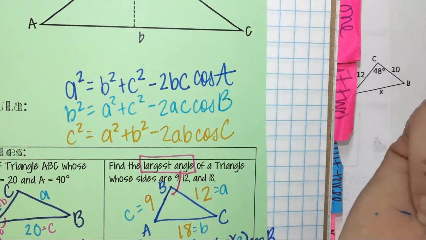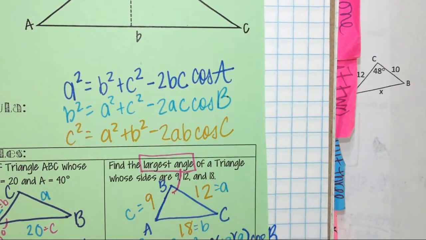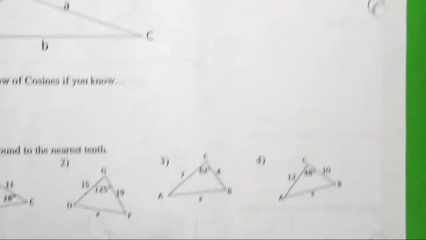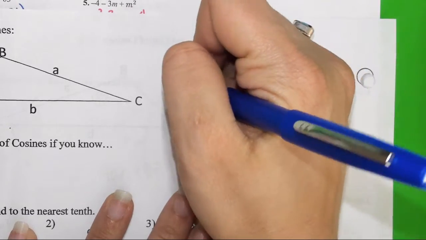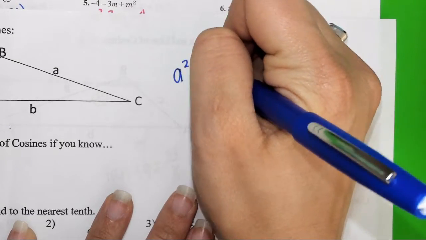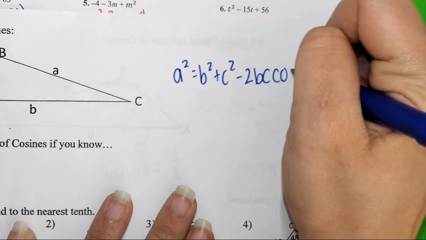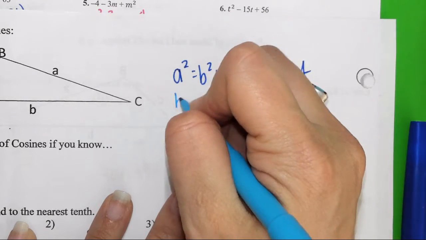The yellow. Why? We're trying to find C. Fantastic. We are going to write our formulas down right here, just to be safe and make sure we know what we're trying to find.